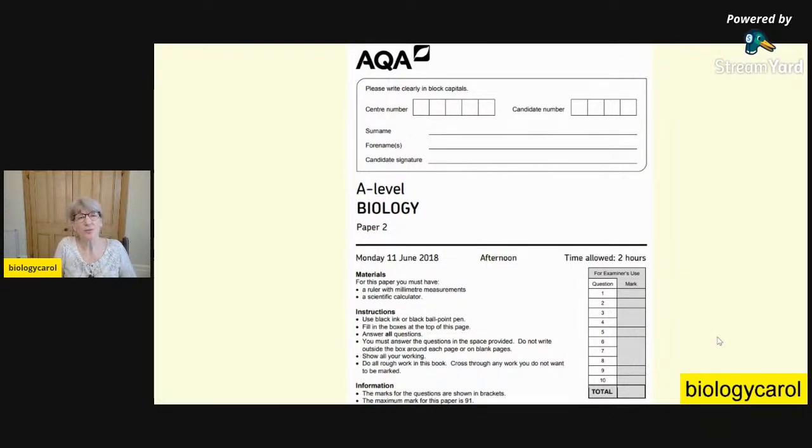And as I think you are already expecting, we're going to be going through AQA Biology Paper 2. Now, my big challenge on this is to have some idea as to how slowly or how fast to go through this, because I don't know how much time to give you to read the questions, whether you'd like me to just go through it fairly quickly.